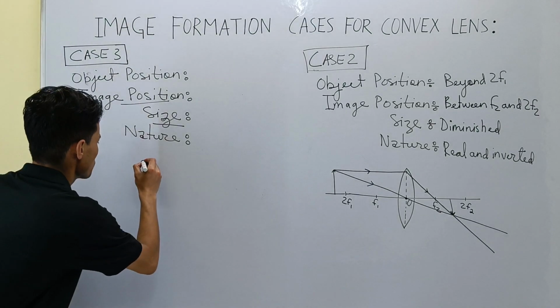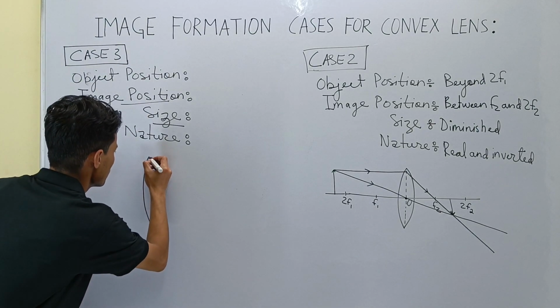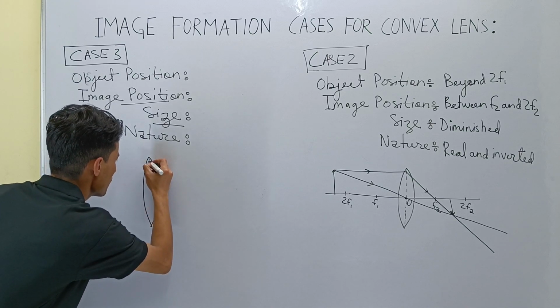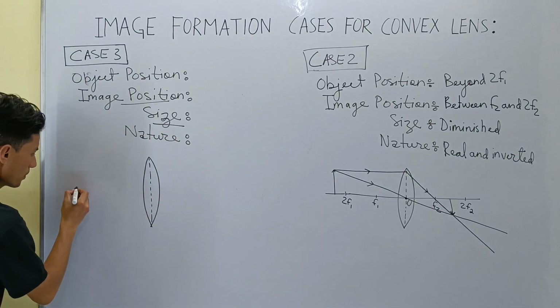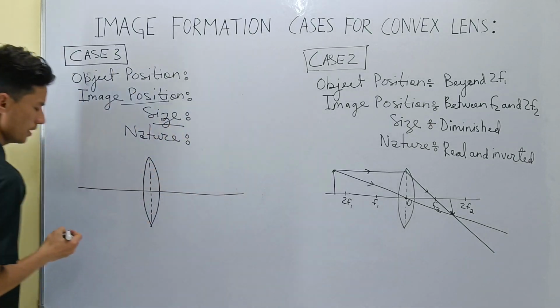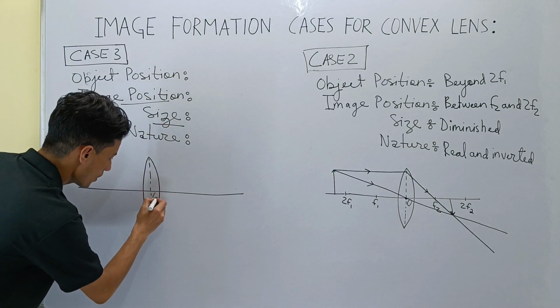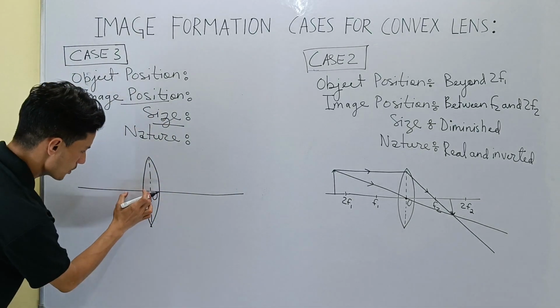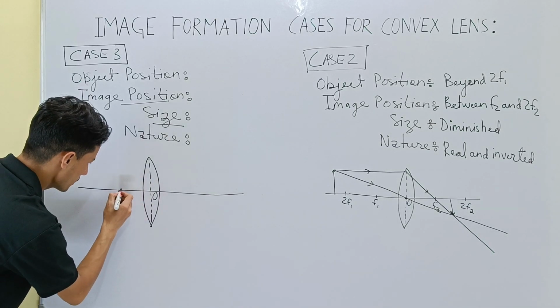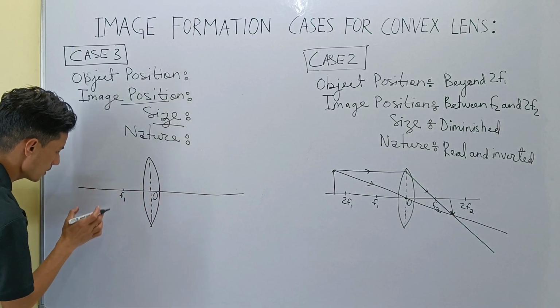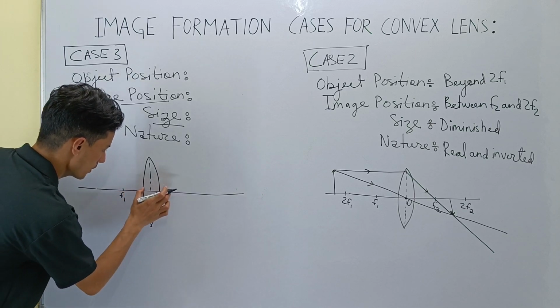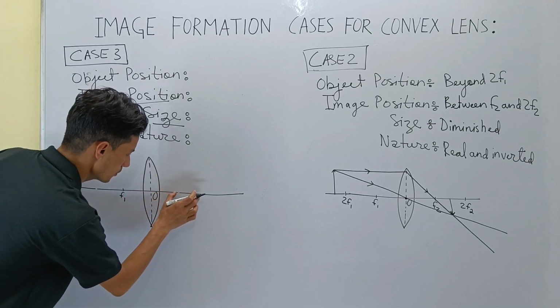So time to do the ray diagram. Mark the aperture, draw the principal axis, and then mark the optical center, get your focuses. So let this be f1, then the same distance, then I go on the right side also.